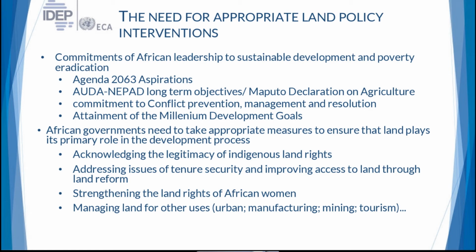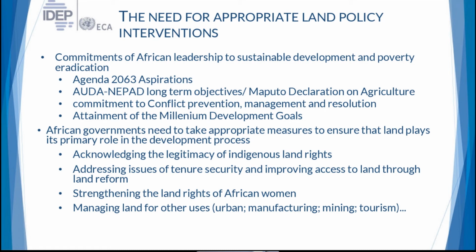In order to achieve the goals and commitments of the African leadership, you necessarily need to take appropriate measures to ensure that land is playing its primary role in development. That means that you need to acknowledge the legitimacy of indigenous land rights.